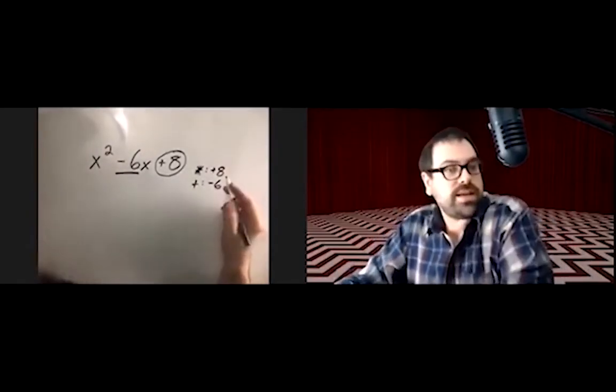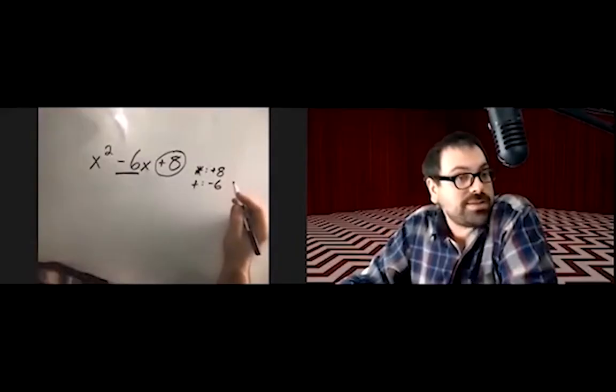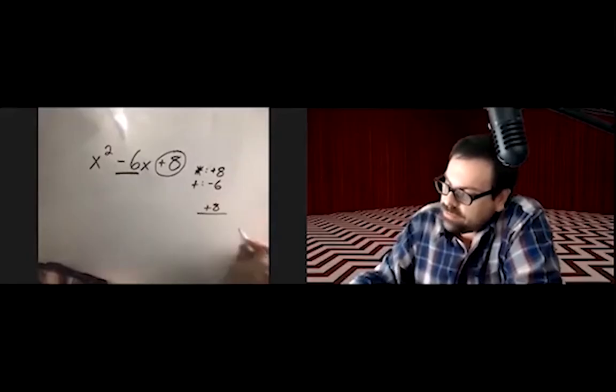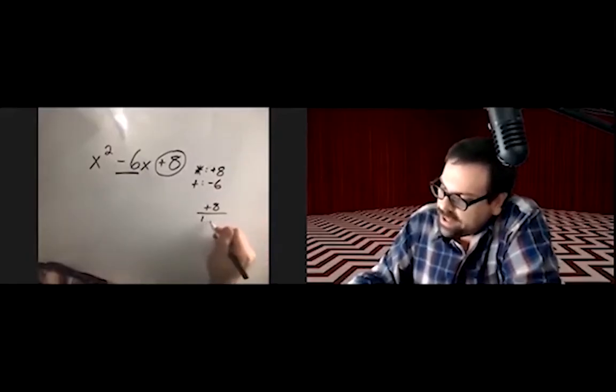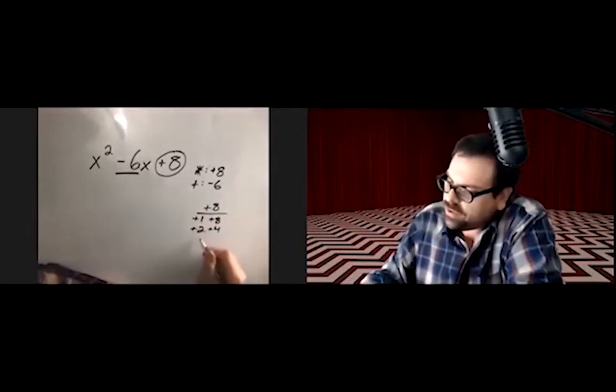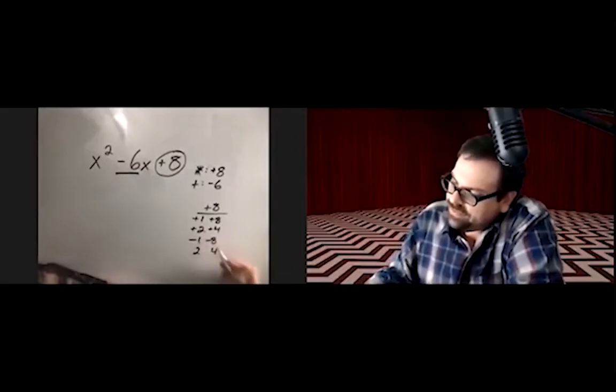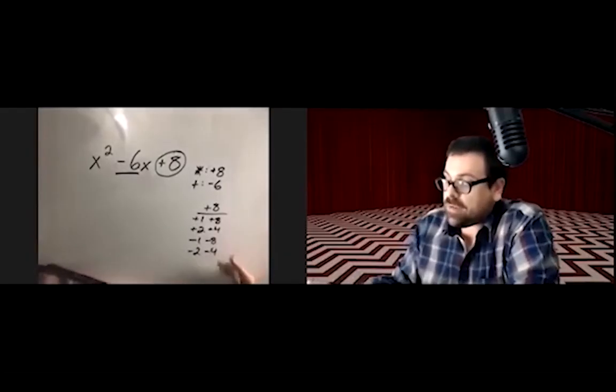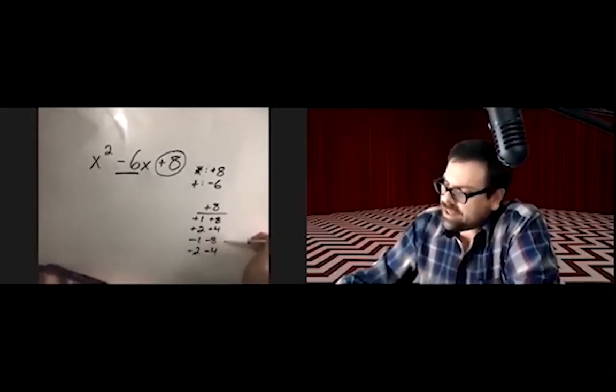What are our numbers that multiply to positive 8? Well, 1 and 8, 2 and 4. But it's not just positive numbers. Remember also that a negative times a negative is also positive. So these are all the combinations that multiply to give positive 8.